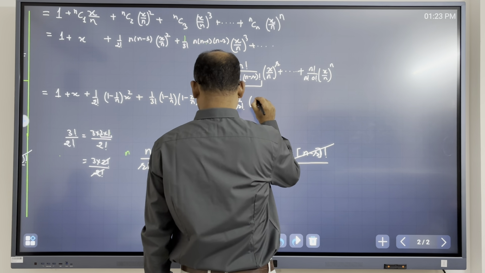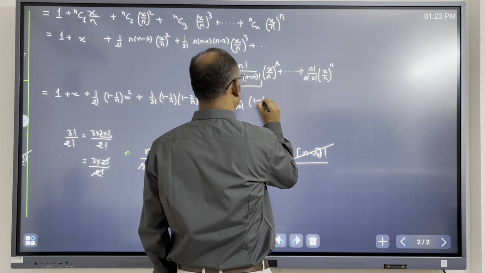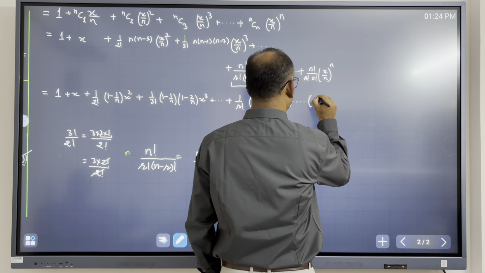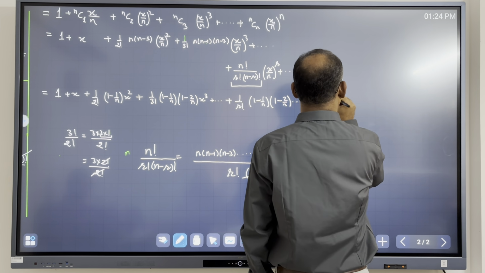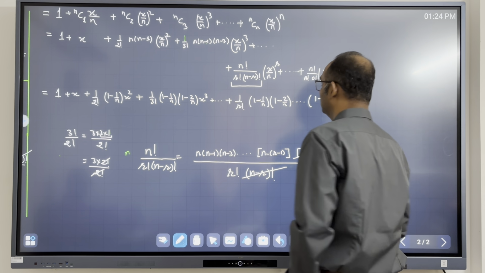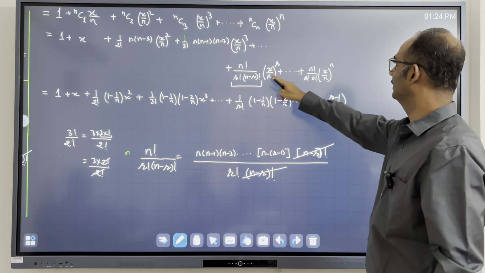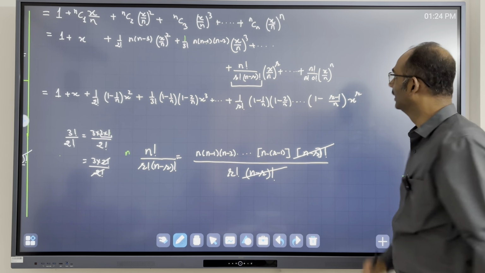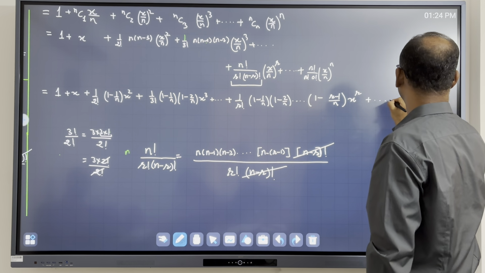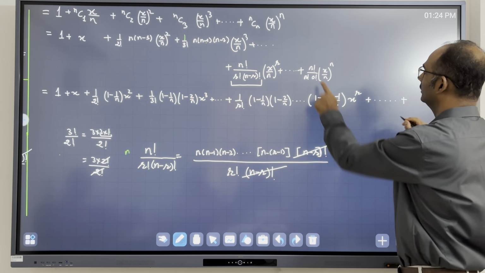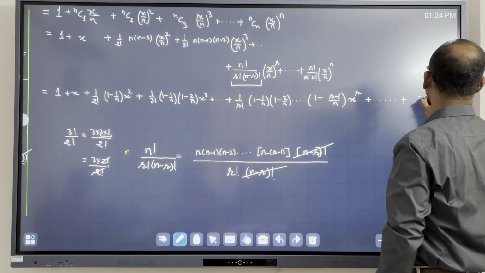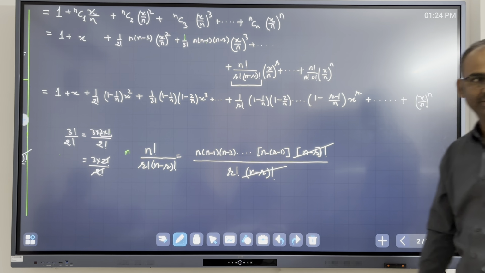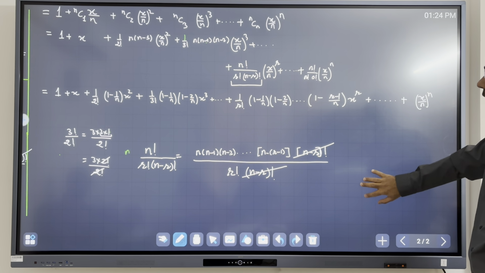So you get 1 minus 1 over n, 1 minus 2 over n, up to 1 minus (r minus 1) over n, and everything is taken care of except for x to the r, plus terms like this. Fine? Okay, good.